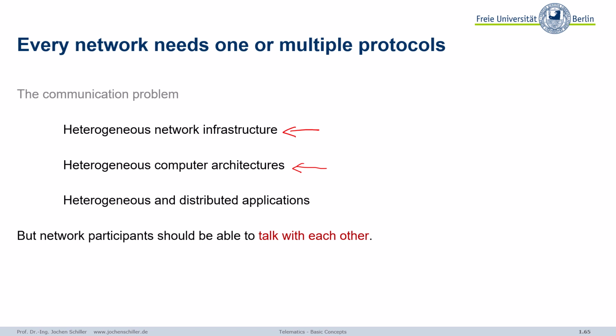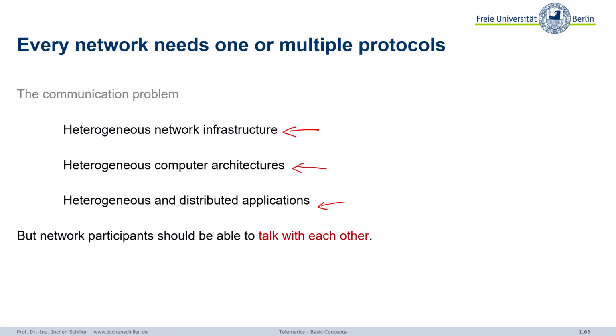Maybe you remember big endian, little endian, or different alphabets. So there's a Chinese alphabet, the Latin alphabet, Japanese, whatever. So we have different applications that are distributed. So the world is heterogeneous, it's not homogeneous, it's not one company producing all the systems.